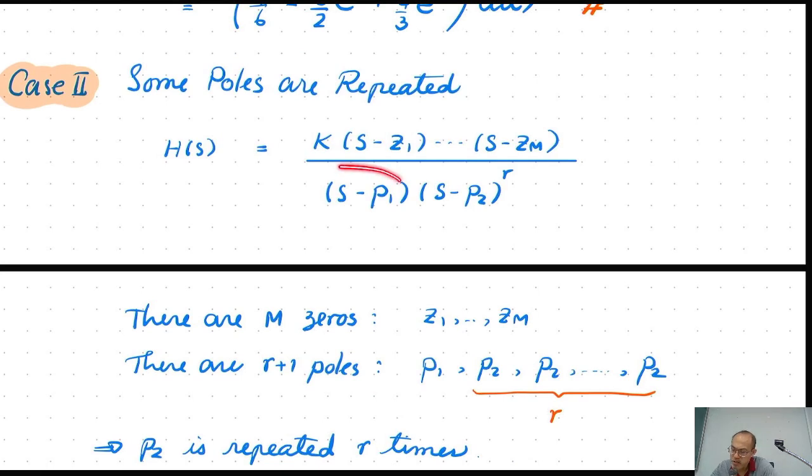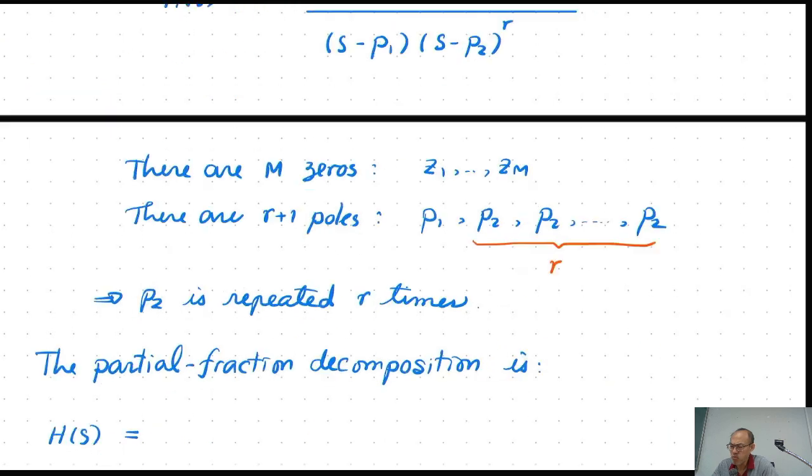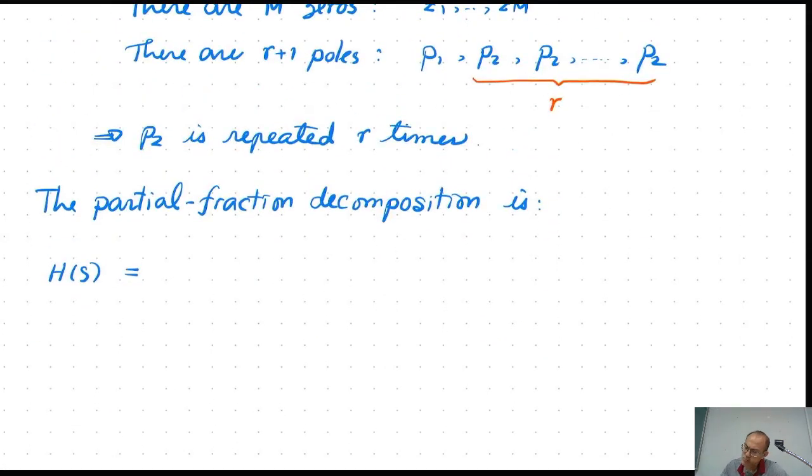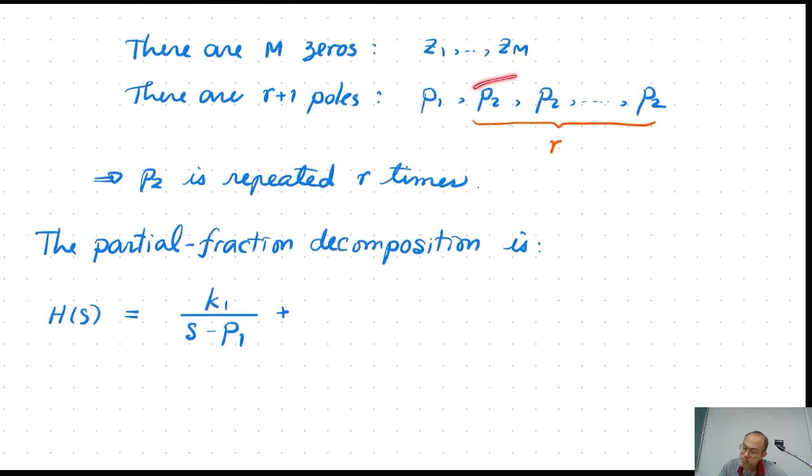Look carefully. For the poles that are not repeated, in this example it's just p1, things are as they were. So we're going to have K1 over s minus p1, because p1 is distinct from the rest. As for the repeated poles, you write down r terms, the same number as the repeated poles.